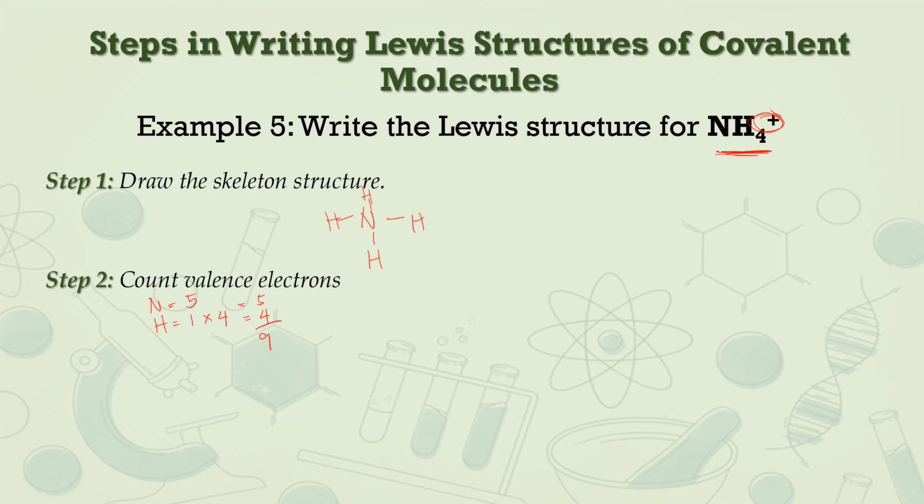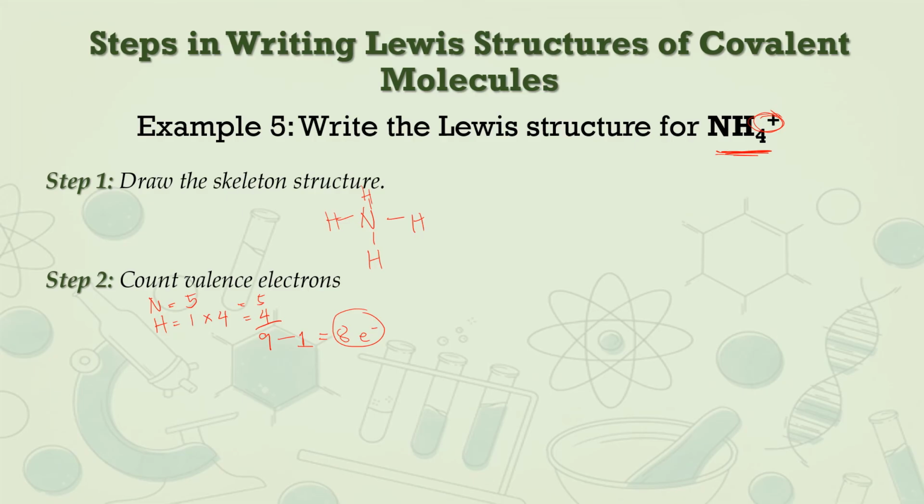So if it lost an electron, we need to subtract 1 from the total. So it's 9 minus 1, which means the whole NH4 positive has 8 valence electrons. That's how you compute the valence electrons if it is a charged molecule.